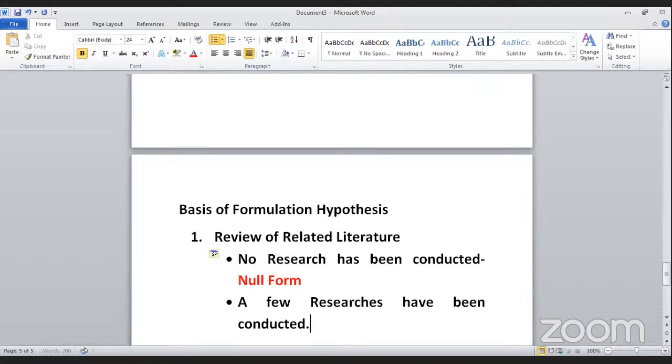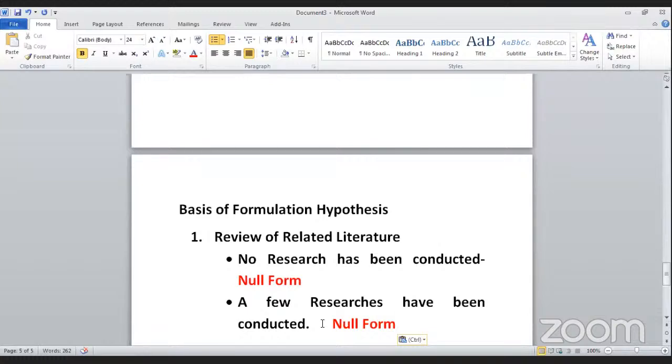Now, if a few researches have been conducted, can you tell me which form of the hypothesis you should use? I'm sure you will again say that the hypothesis must be in the null form, because you do not have strong evidence.